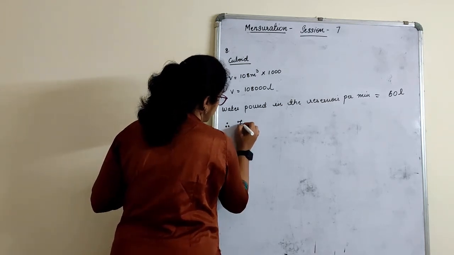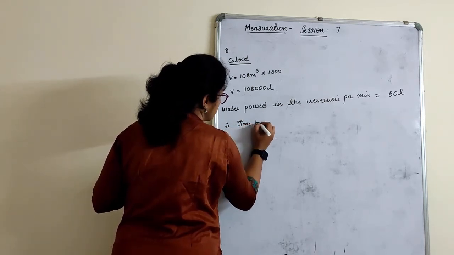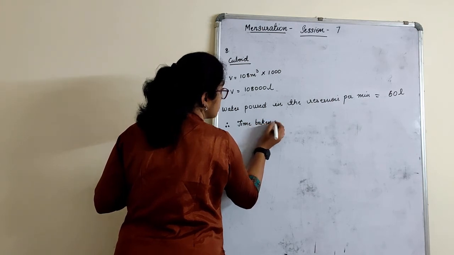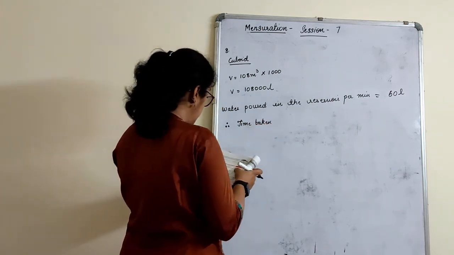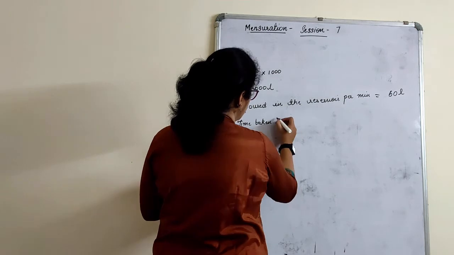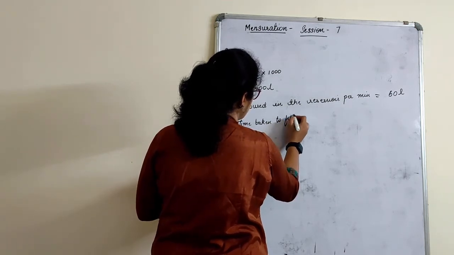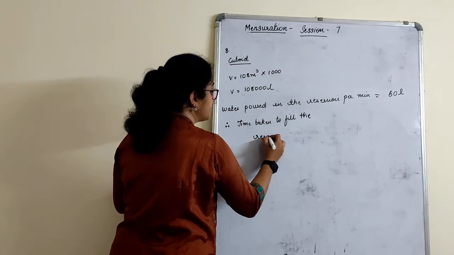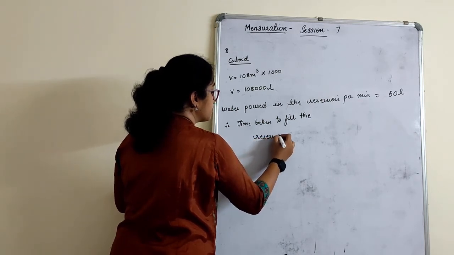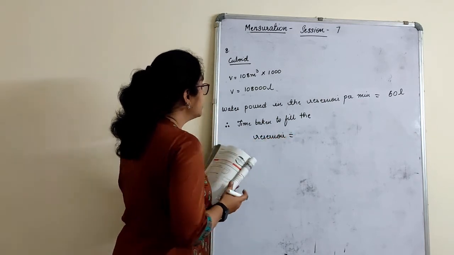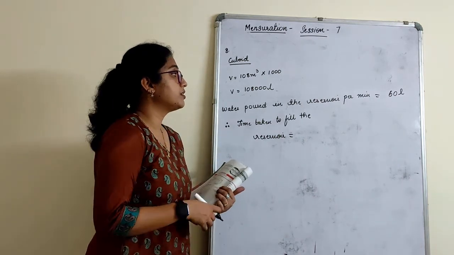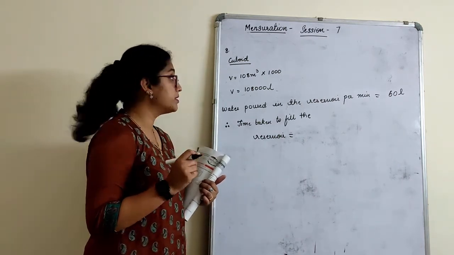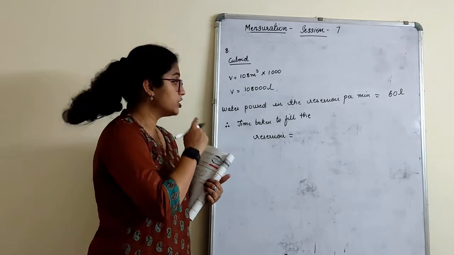Therefore, time taken to fill the reservoir is equal to, see, water is poured in the reservoir in the form of 60 liters per minute. Volume is how much? This much.